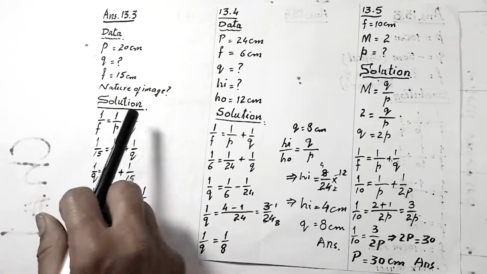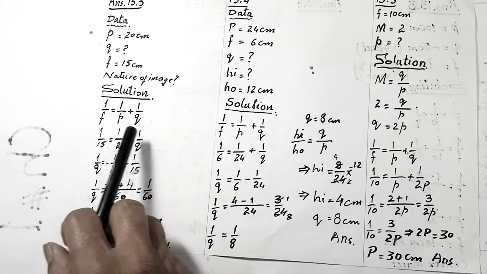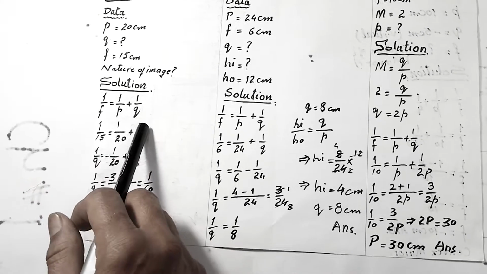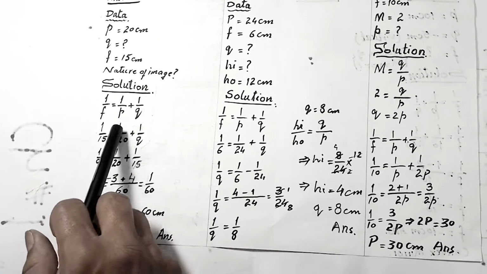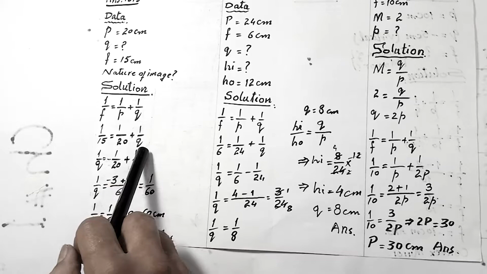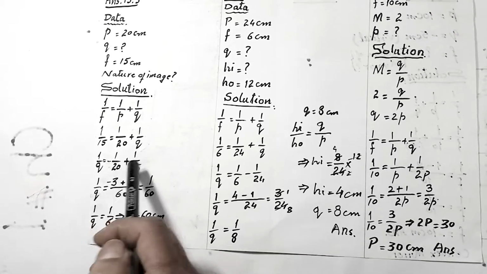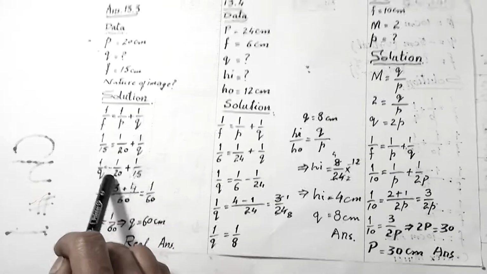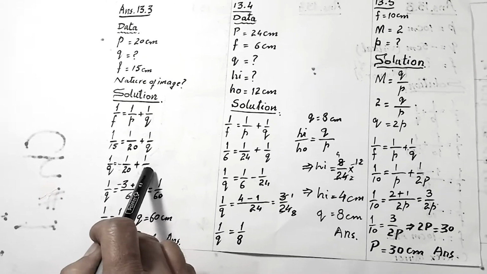Now, first of all, we will find the image distance. 1 upon F is equal to 1 upon P plus 1 upon Q. Here 1 upon 15 is equal to 1 upon 20 plus 1 upon Q. Now we will change the position of 1 upon 20. That will become minus 1 upon 20 plus 1 upon 15.